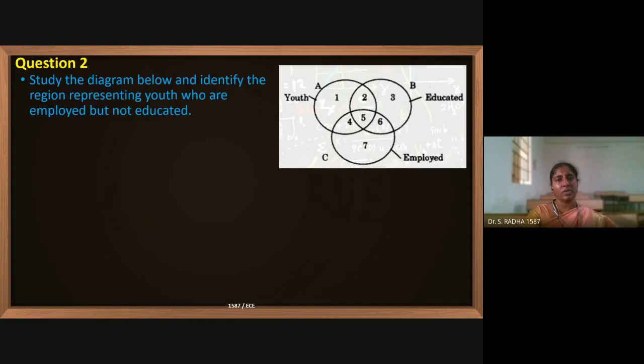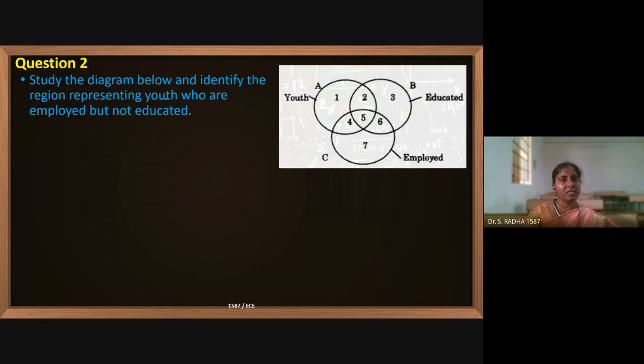Youth alone is 1. Youth and educated is 2. Educated alone is 3. Educated and employed is 6. Employed alone is 7. Employed and youth is 4. All the 3 is 5 in the center.